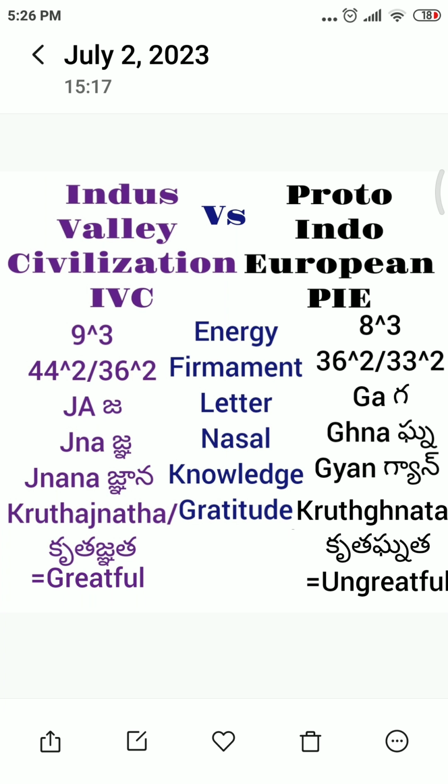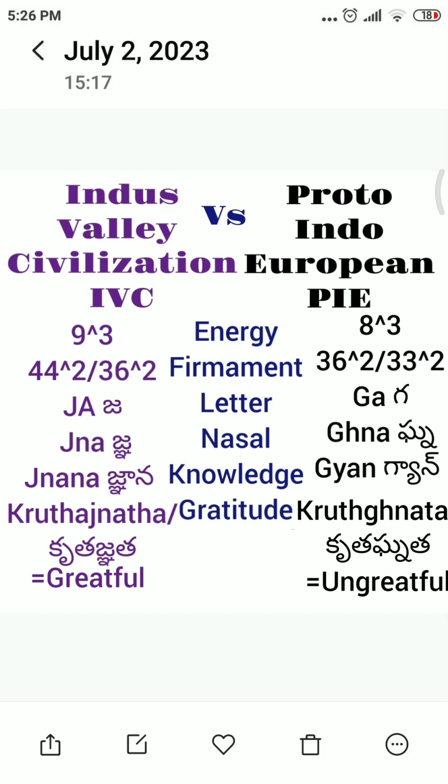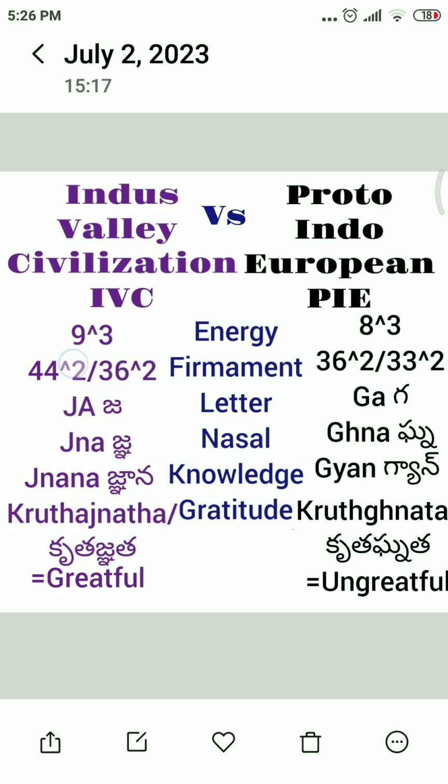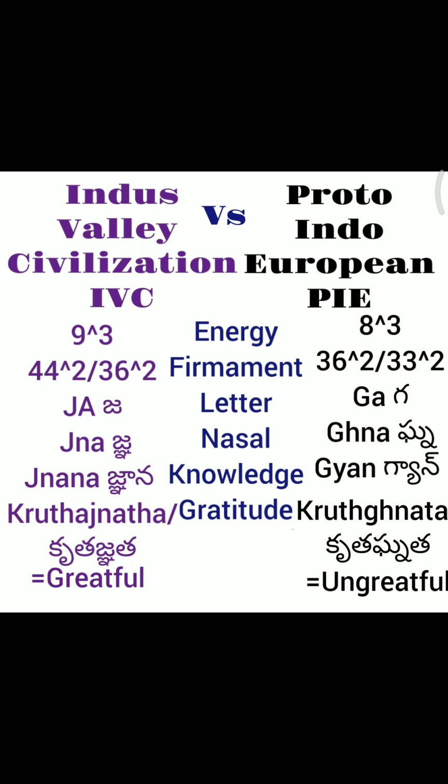Though it is just that small a difference between 36 squared and 33 squared, it makes a lot of difference in terms of knowledge. Knowledge is the knowledge up to 36 squared. He has four. Here you have 44, 44 being the highest, and there is the Ra.